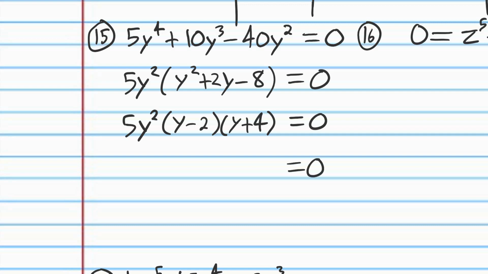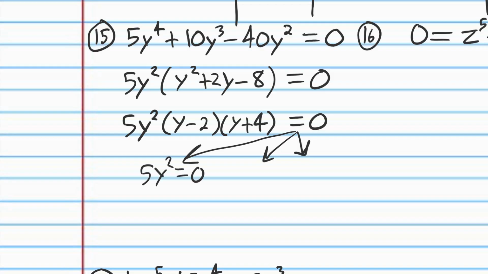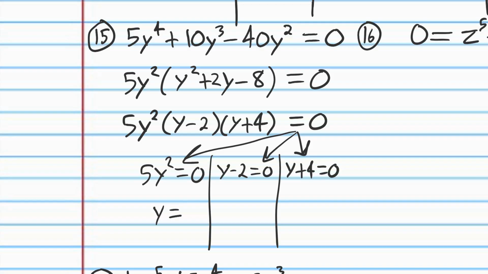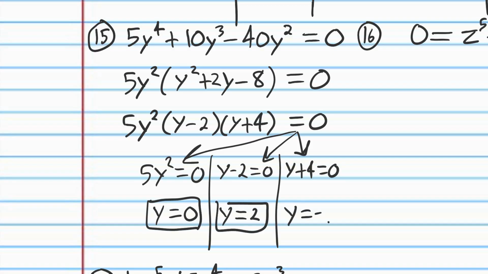And now we can break it up into 3 equations. And y is equal to 0, y is equal to 2, and y is equal to negative 4. So if you got those answers, good job.